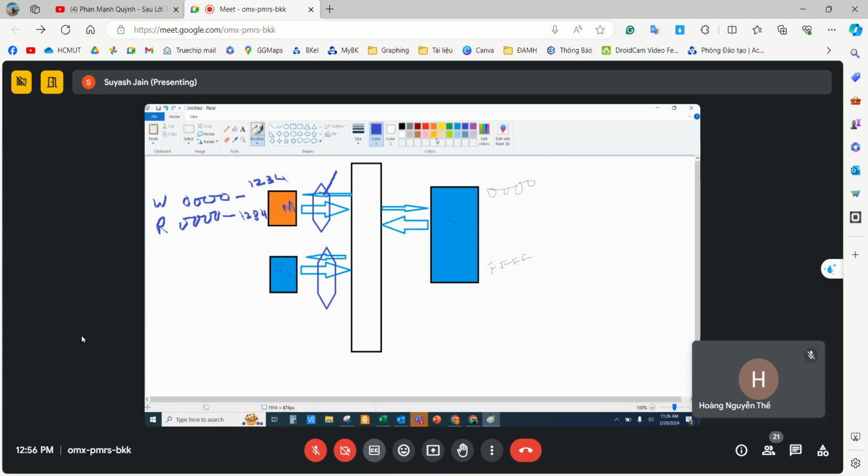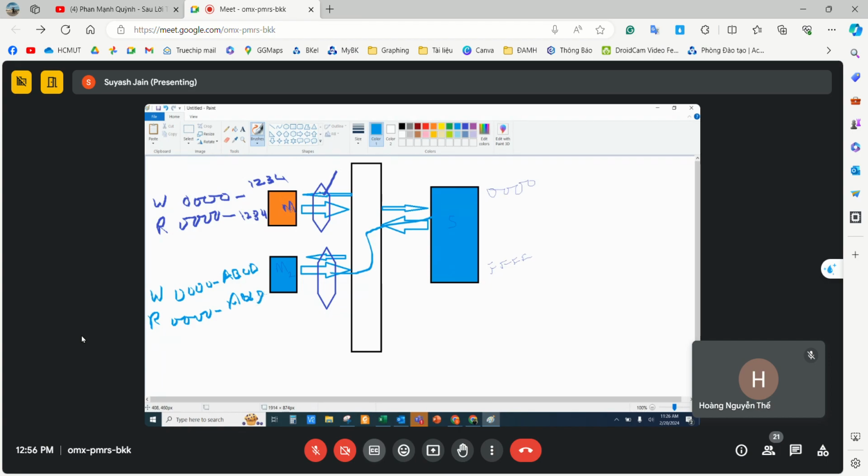Now from this other master, suppose you are writing address 0000 with data ABCD. The transaction will go like this. And when you are reading it again from 0000, what data will you get? ABCD.